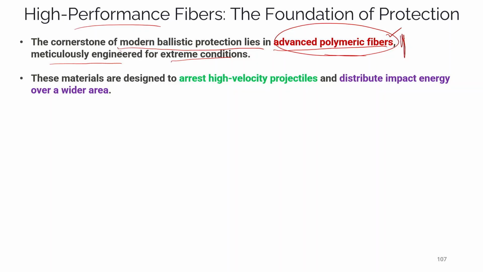These materials are designed to arrest high velocity projectiles and then distribute the impact within a wider range, and these two things are basically done by the combination of advanced polymeric fiber and the proper designing of the textile structure.